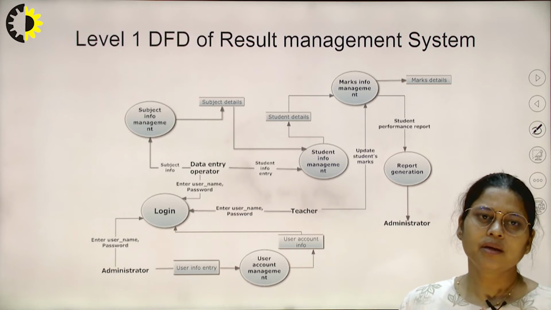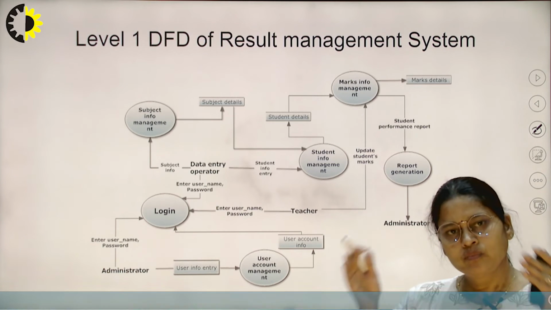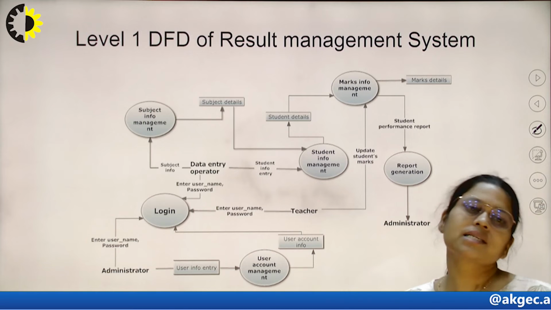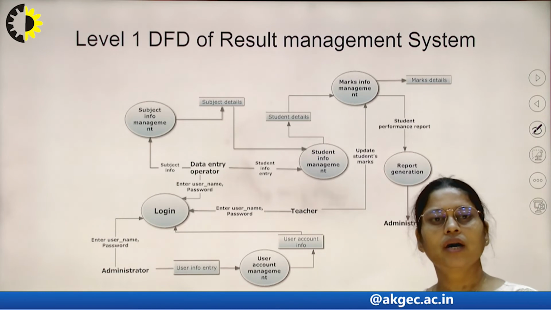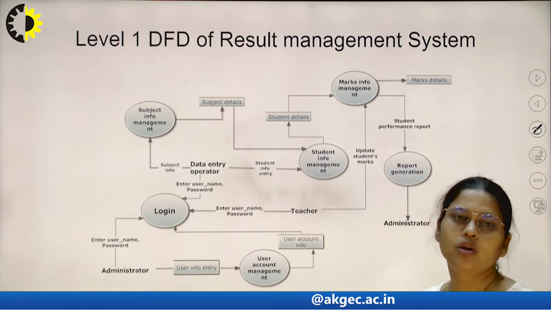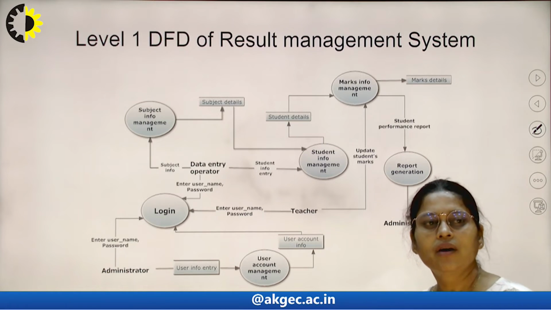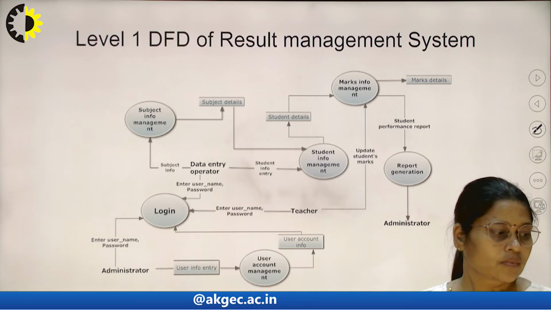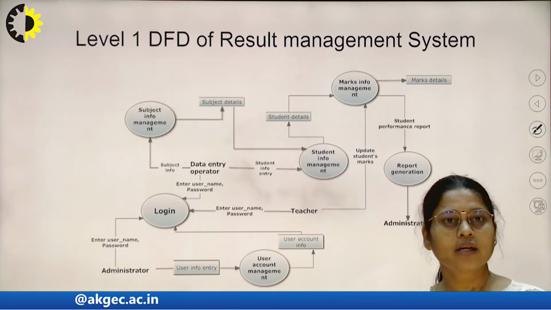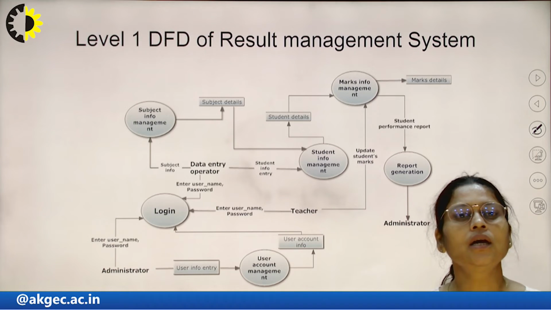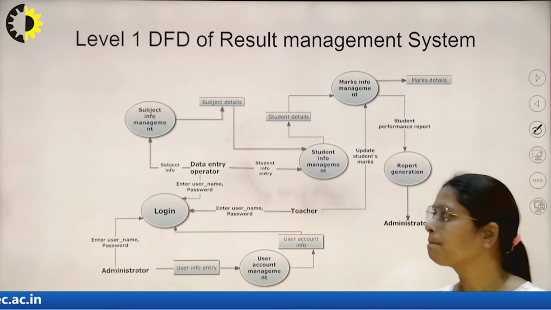In the one level DFD, we have to describe more as compared to the context level DFD. There is also one difference between the zero level and one level DFD: in the one level DFD, we also show the data storage which we do not show in the context level DFD.